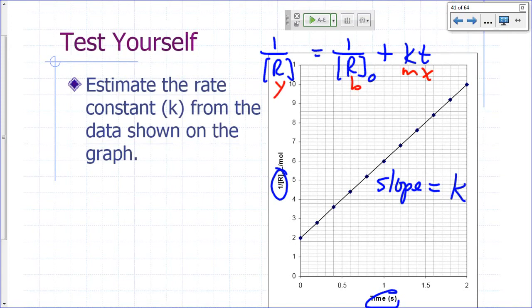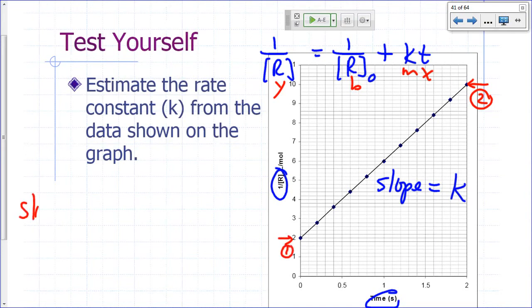Alright, so how do we determine the rate constant from here? How do you determine the slope? Rise over run again, right? So let's pick 2 points. Let's pick this point right here. What's that number right there? So that's going to be our point number 2, and this is going to be our point number 1.